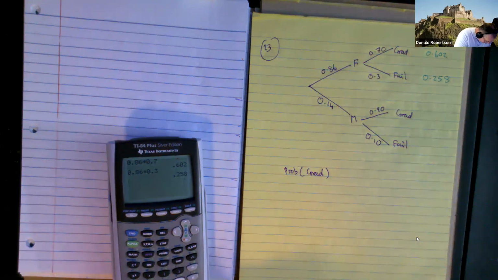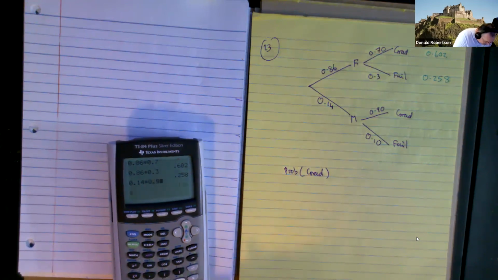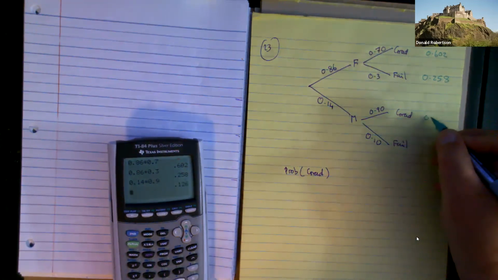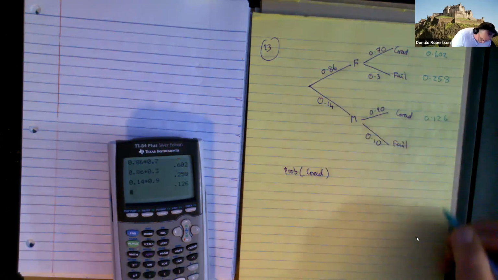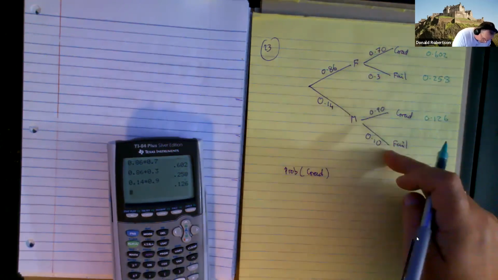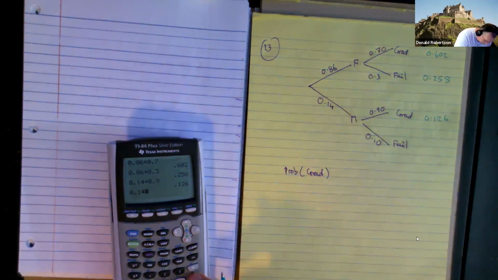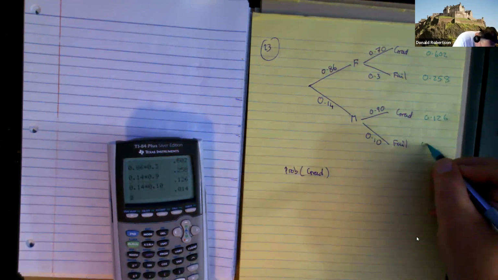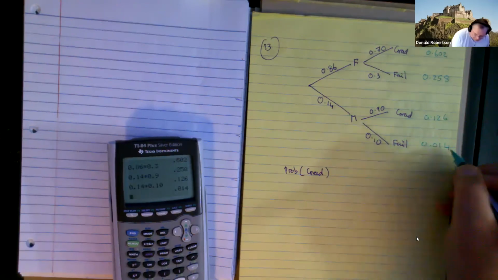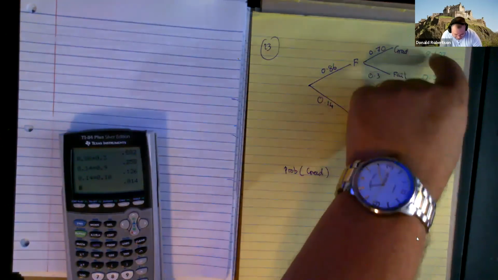Now, if you do the males, there's 0.14 times 0.9, and the answer to that is 0.126. And if you do the last one, 0.14 times 0.10, you get 0.014. These are called the final probabilities.